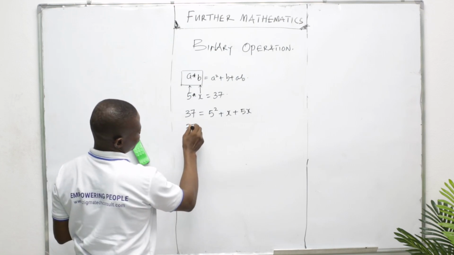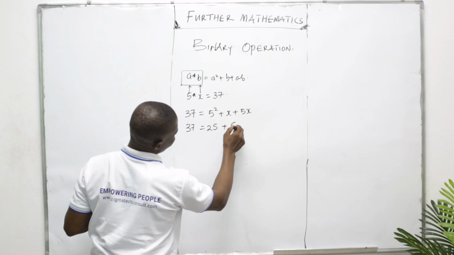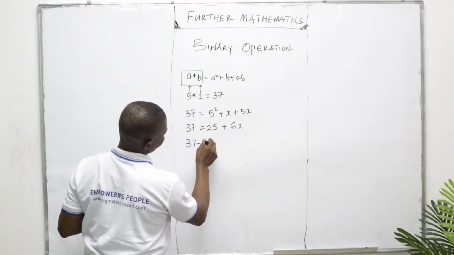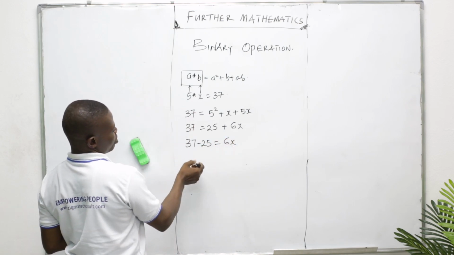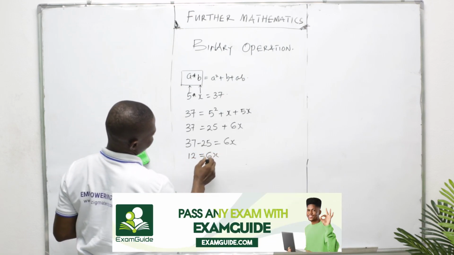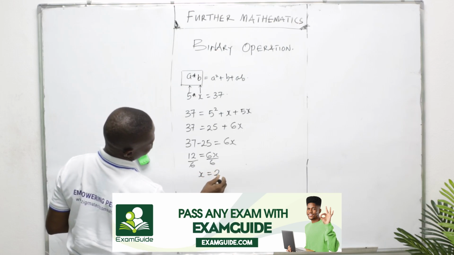So I have 37 equals 25 plus 6x. So that 37 minus 25 equals 6x. This minus this gives us 12 equals 6x. Dividing through by 6, x equals what? 2. That's simple.